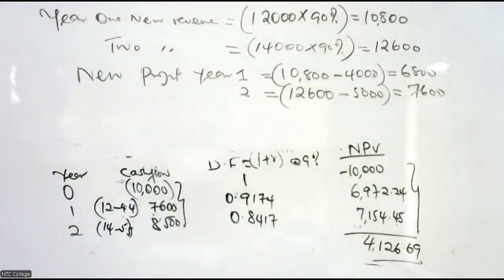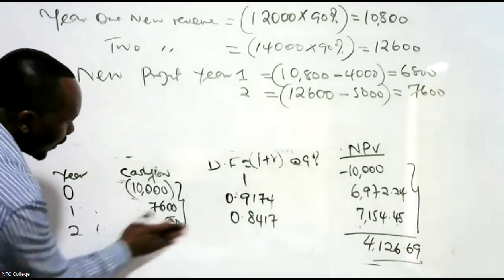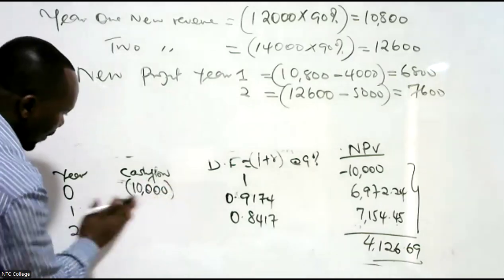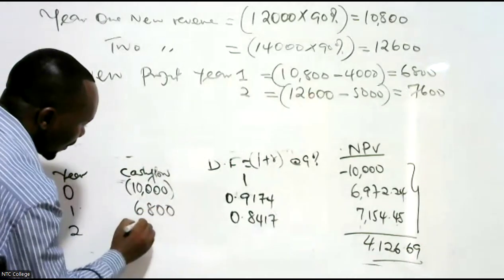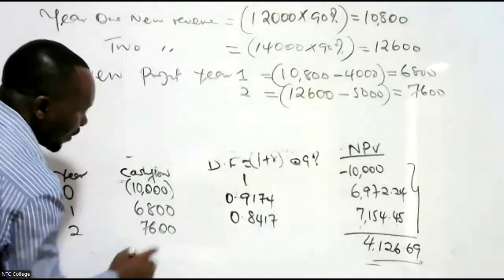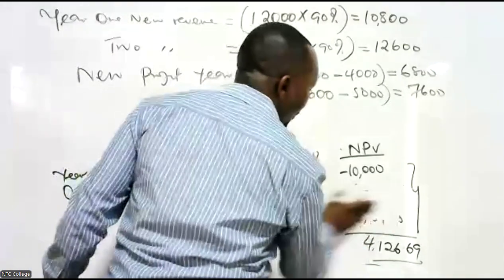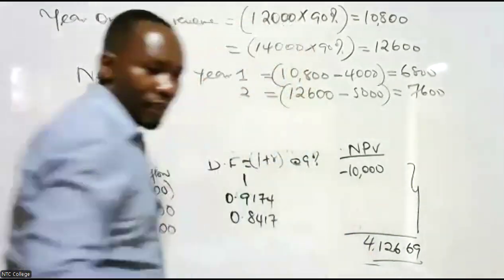I hope that you're together. So therefore here, we shall come and replace again 6,800. This one is 7,600. Multiply and get the new NPV.